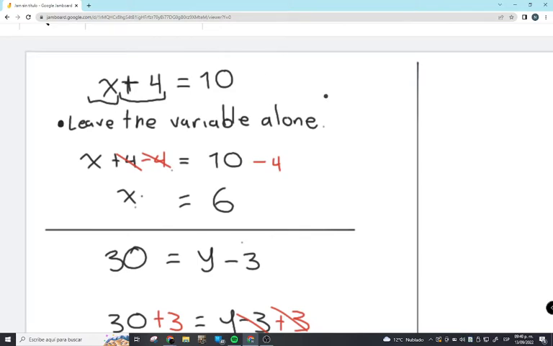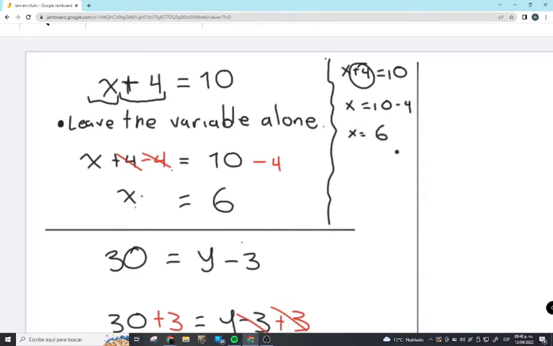So if you have x plus 4 equals 10, then you pass this plus 4 to the other side, negative. So it's 10 minus 4. And x is 6. And we got the same result, and it was really faster.